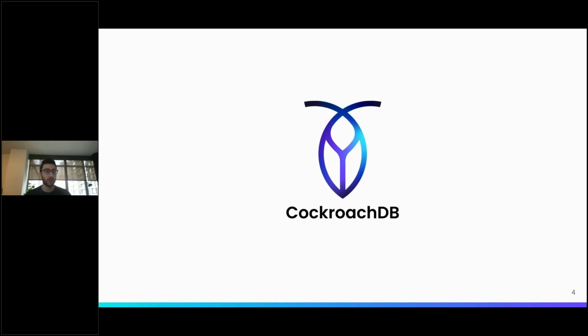Cockroach was originally inspired by Google Spanner, and I think that's a good place to start in this talk because I imagine that many in the clock community are familiar with Spanner. But for those who are unfamiliar, Spanner is well known for its use of atomic and GPS clocks, which is packaged into something it calls its TrueTime API.